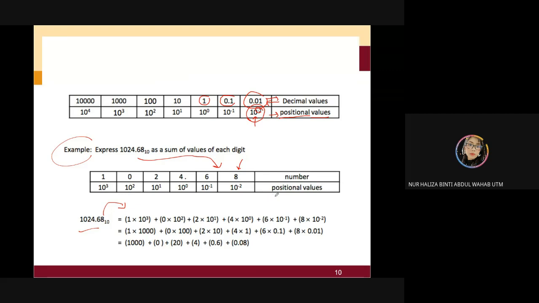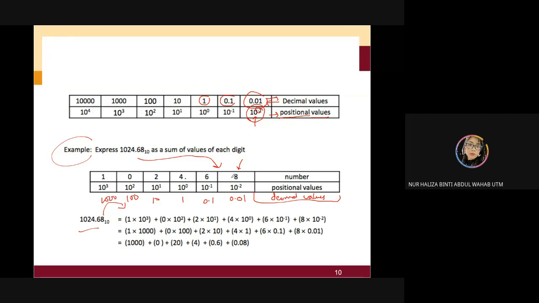If you want to put another table for decimal value for this, you can also have 0.01, 0.1, 1, 10, 100, 1,000.